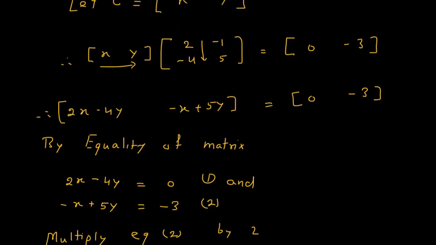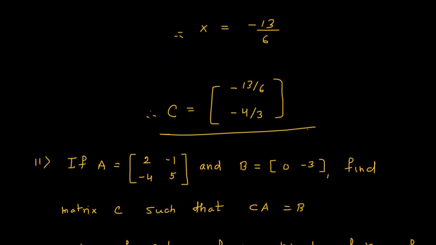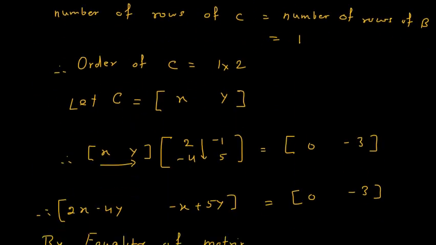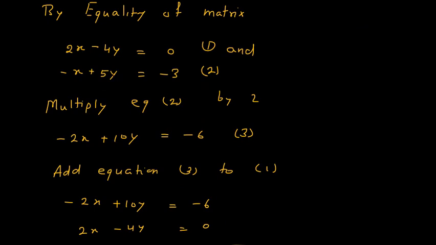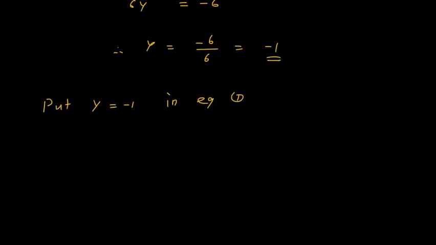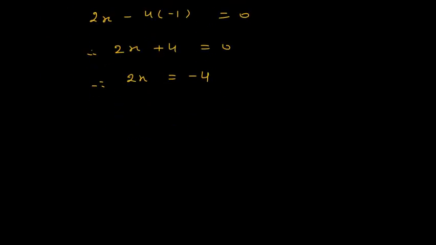Now put y equal to minus 1 in equation 1. Equation 1 is 2x minus 4y is 0. So 2x minus 4 into y is 0. Therefore we get 2x plus 4 is equal to 0. Therefore 2x is minus 4.